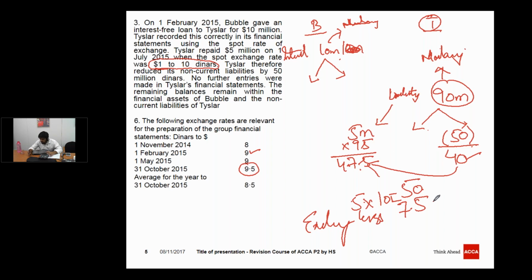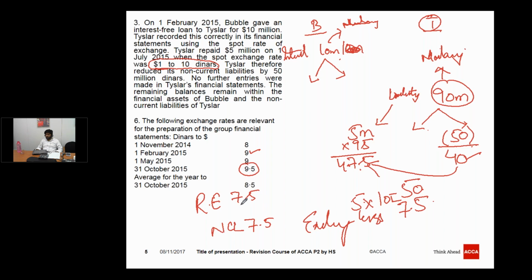Therefore, we have to charge the whole amount in the retained earnings. So do remember this, that this loss should be charged in the income statement or retained earnings. So the accounting entry should be retained earnings debit and non-current liability credit. That is 7.5. So the retained earnings should be debited by 7.5 and the non-current liability should be credited by 7.5.